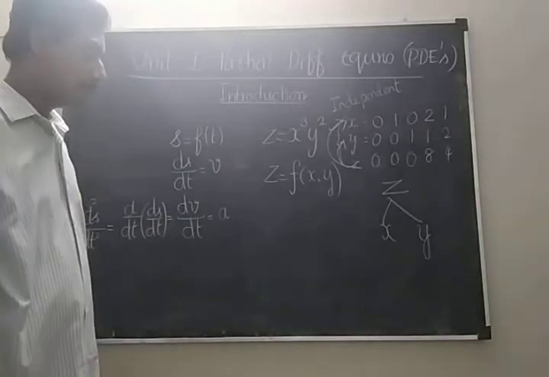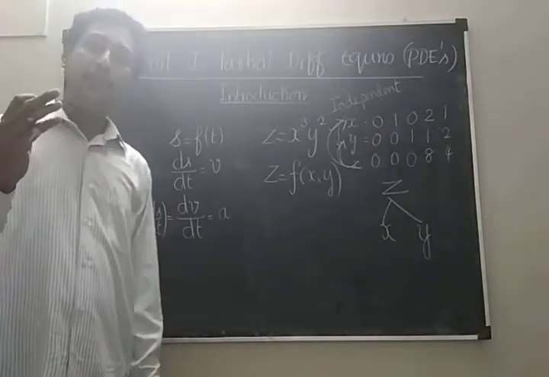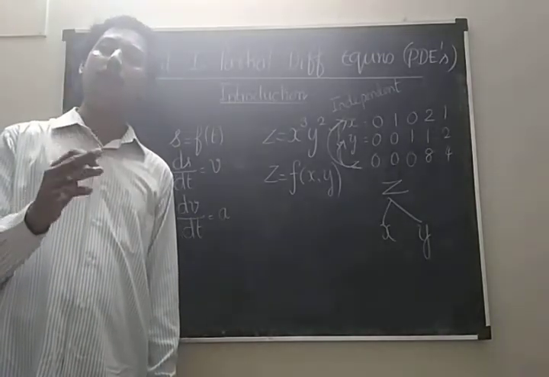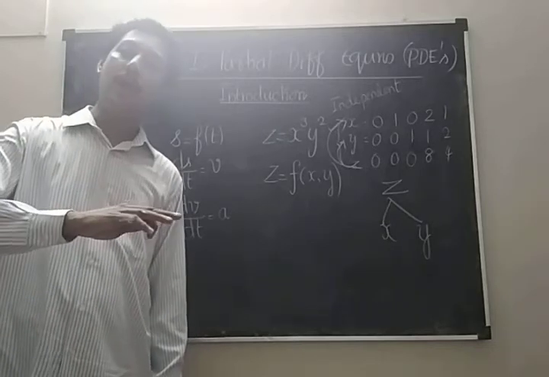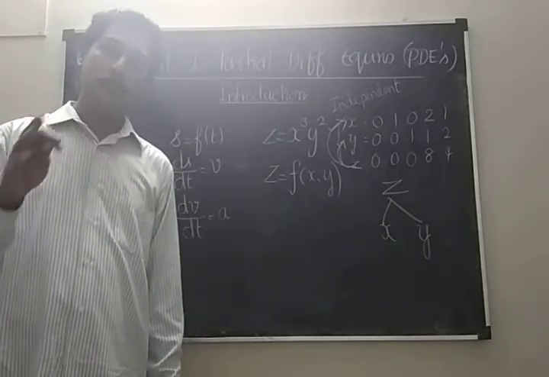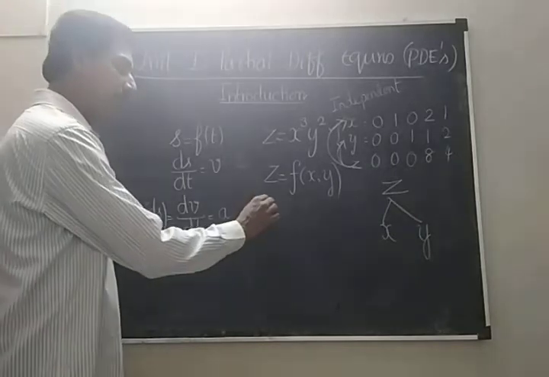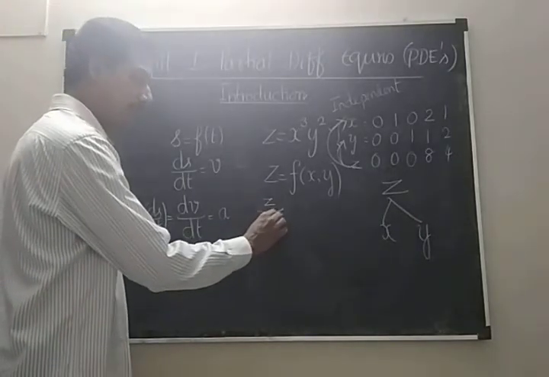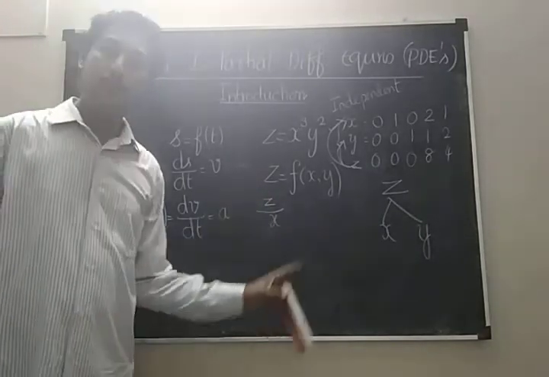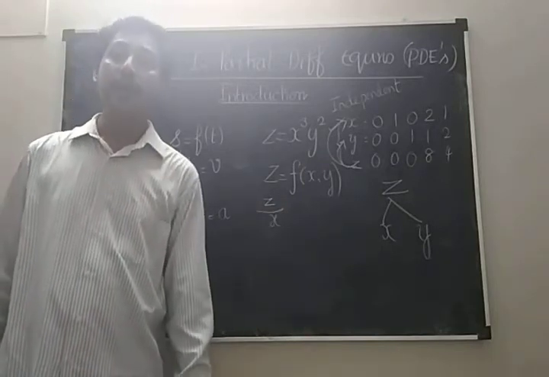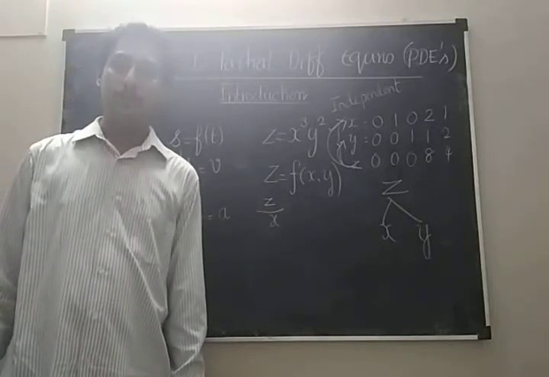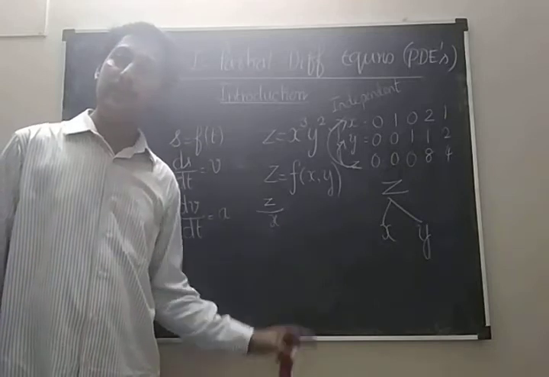Now you see, at a time we are going to differentiate with respect to any one of the independent variables, not all. It's not possible. So when I differentiate z with respect to x, what about z? z is a function of x and y. So when we differentiate z with respect to x, what do we assume?